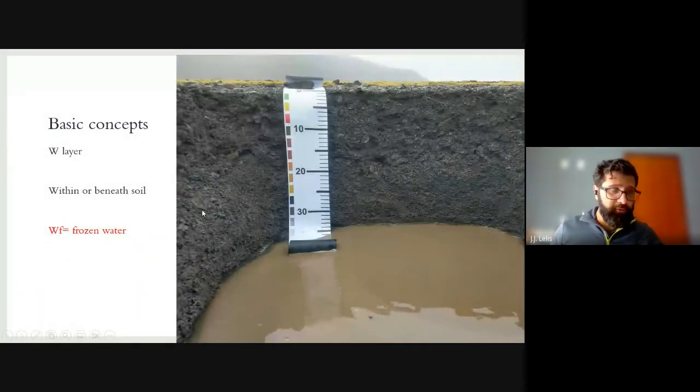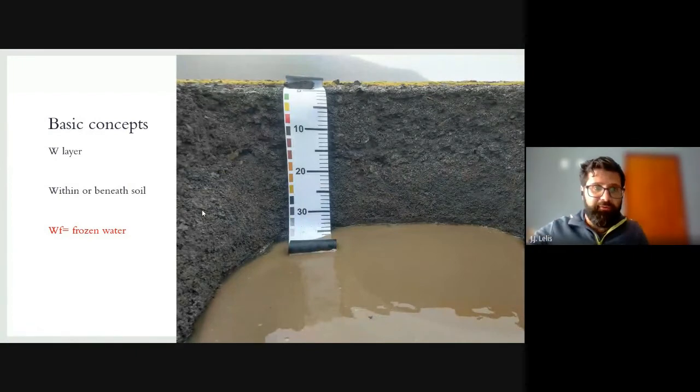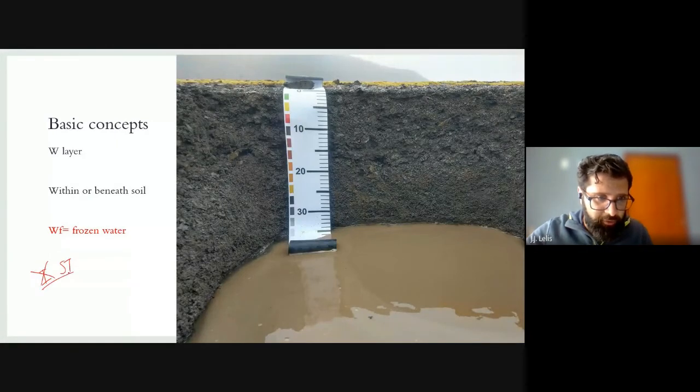According to the soil taxonomy, we don't have an I layer, okay? So according to the soil taxonomy, we just have the W layer that has water. It's a layer composed essentially of water, water in a liquid phase or solid phase. Both of them are a W layer according to the soil taxonomy, okay?